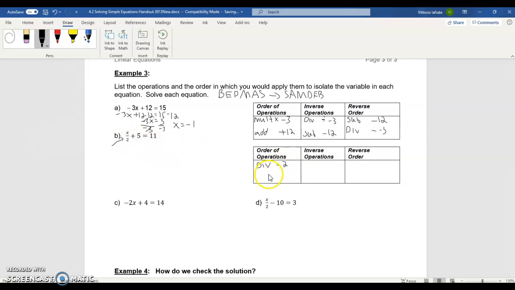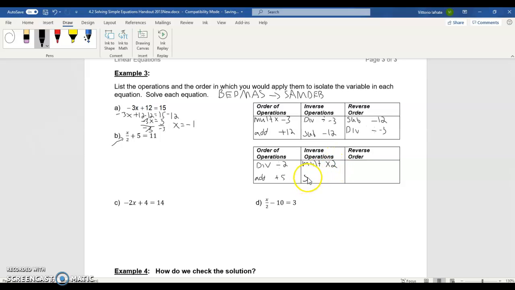We can see that there's also an addition happening. 5 is being added to x. So we need to undivide and unsubtract. So that means we need to do a multiplication. We need to multiply by 2.